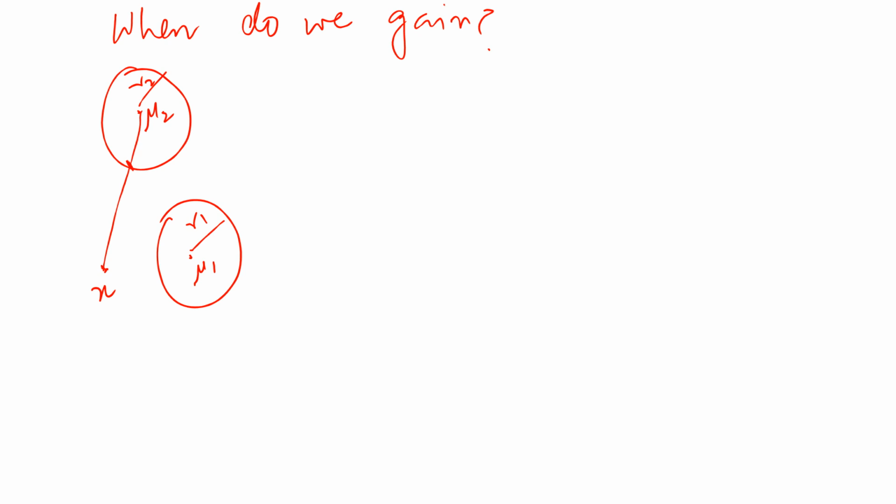And this, by the way, was my x1, you remember. And this can also be a distance, by the way, so this can be ||mu1 - mu2||. And this entire distance is going to be ||x - mu2||.